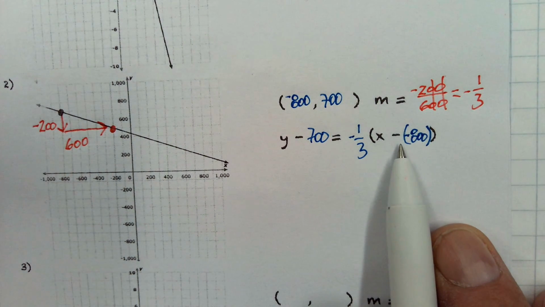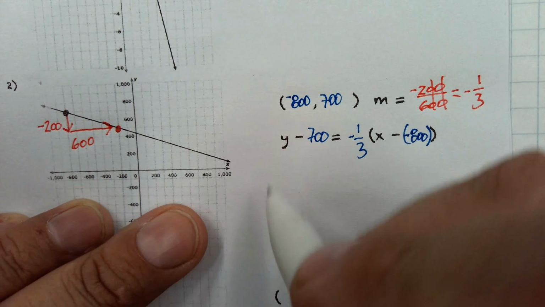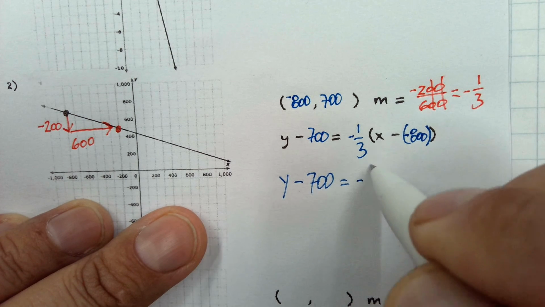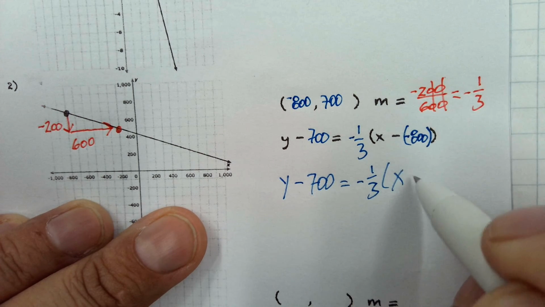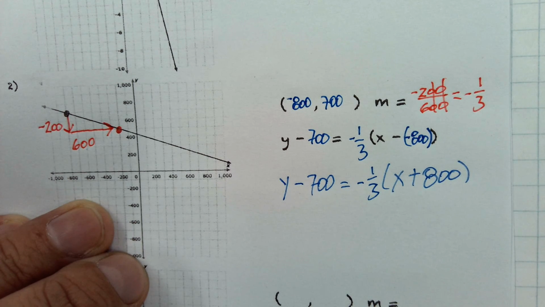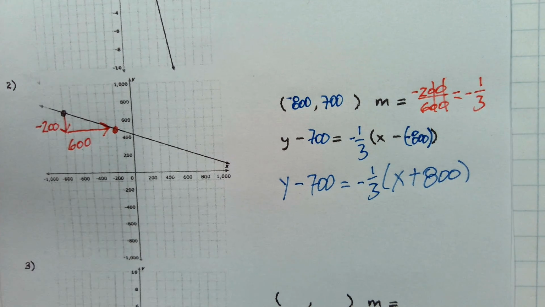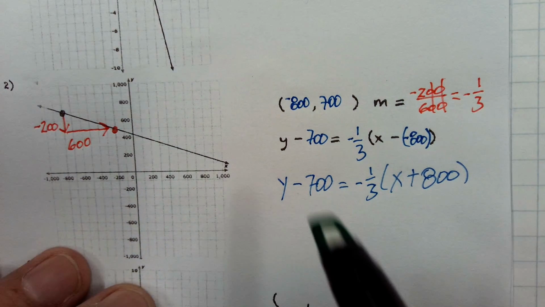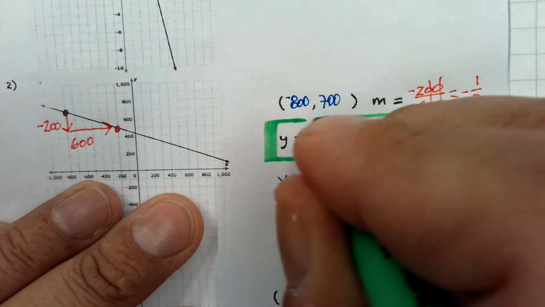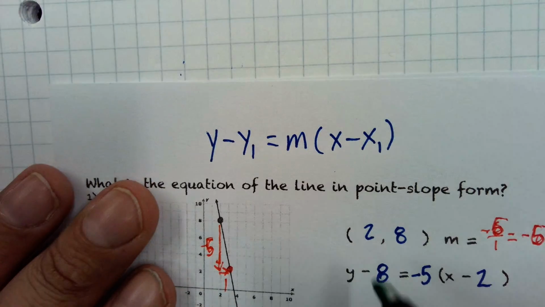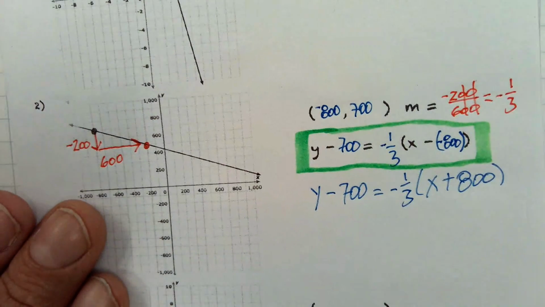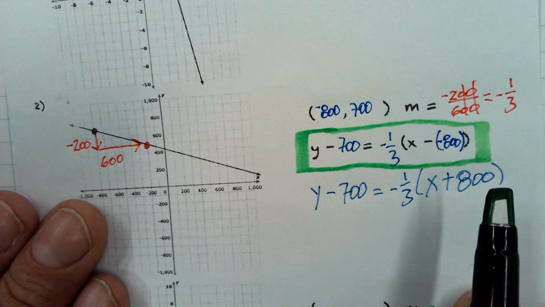Let's fix that because obviously it's going to switch to positive. Y minus 700 is negative 1/3, x plus 800. Okay. Now, on today's assignment though, guys, on your assignment in IXL, this is what you're going to enter. Okay? That's why I'm having you write it this way. So this is the way you would enter it into IXL.